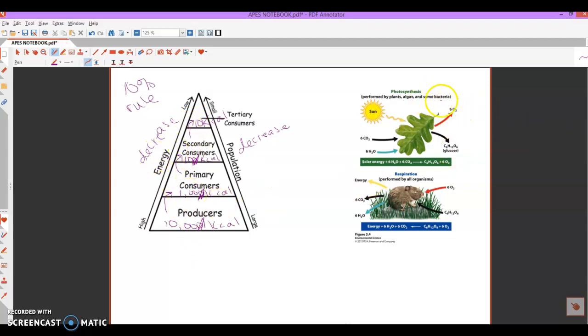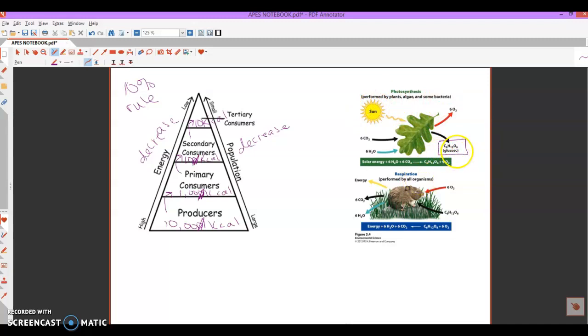Okay, so this picture right here is showing you the relationship between photosynthesis and cellular respiration. They're two very important components within an ecosystem, and they are both dependent on each other. In photosynthesis, plants are making energy, making food for themselves in the form of glucose, using the sun as energy.